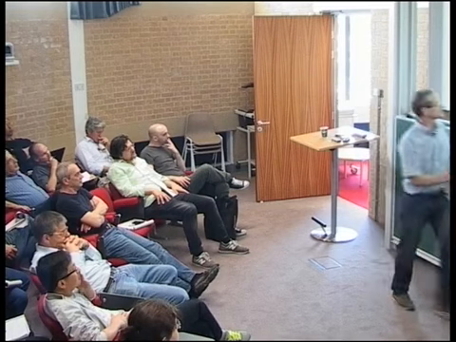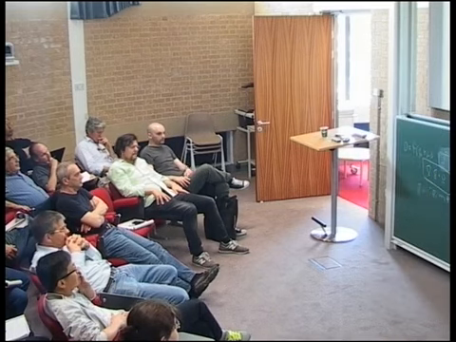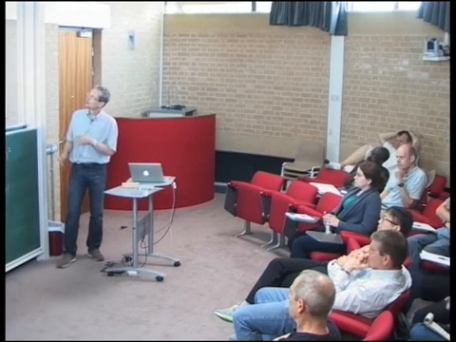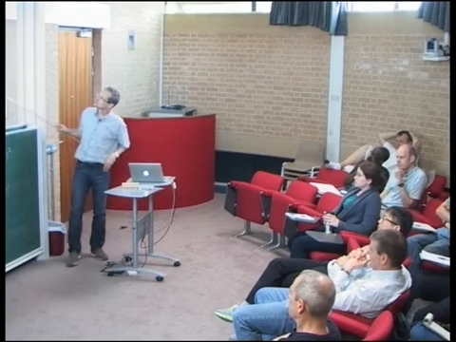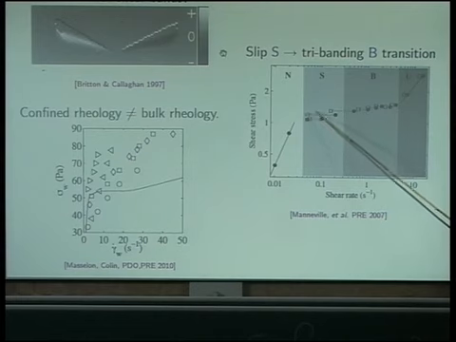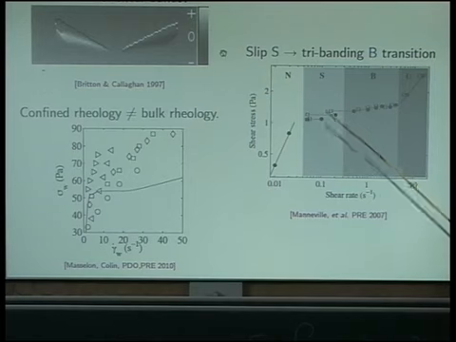Okay. This is an example of flow curves from a tri-block copolymer micelle, so a worm-like micelle made of copolymers. Shear stress as a function of shear rate. There's a Newtonian region. There's a region of wall slip, which is not a shear banding state.